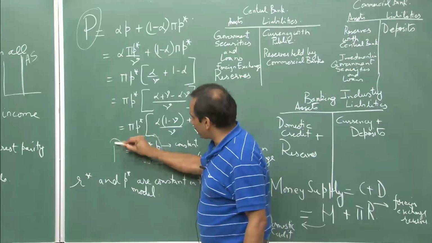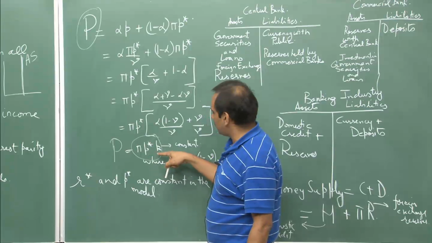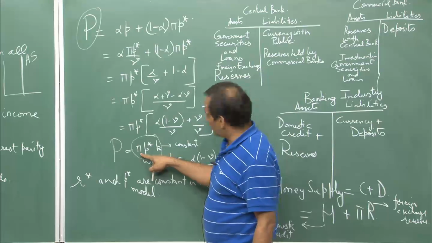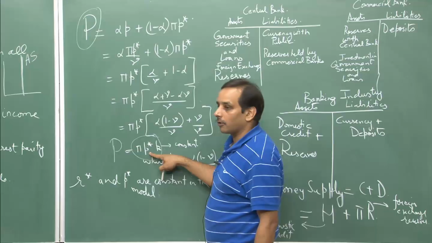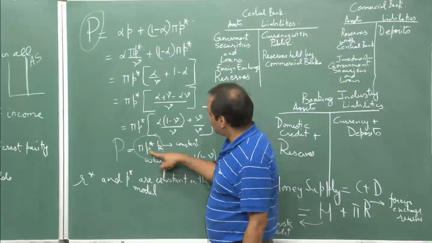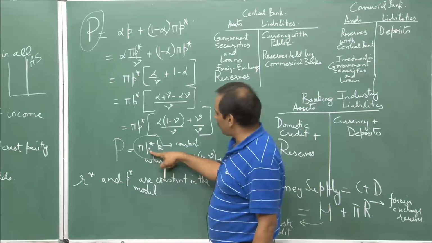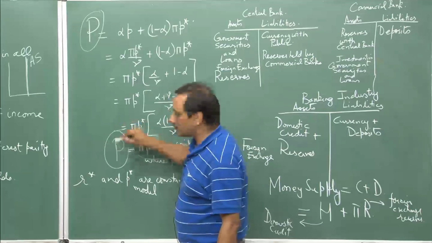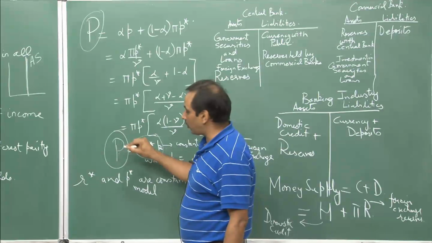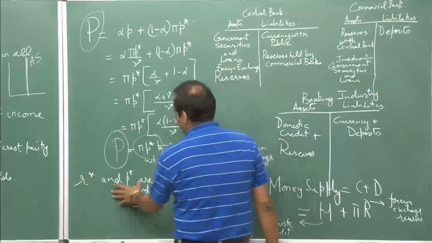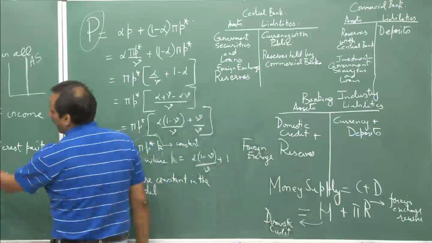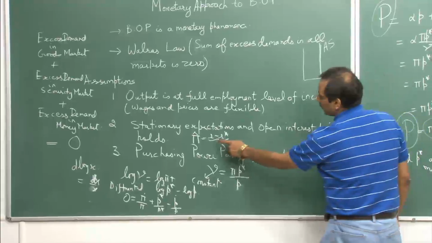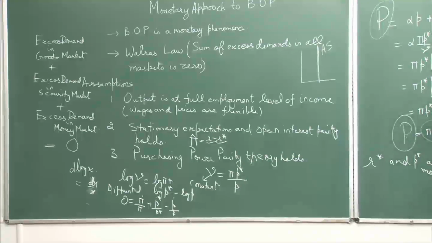So, the domestic price level is a function of the exchange rate and the foreign price level. So, p star you assume to be constant, r star is constant, so r p star is a constant, r is equal to r star. So, r is a constant.